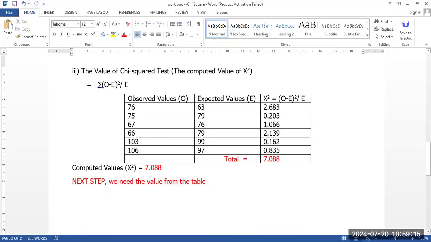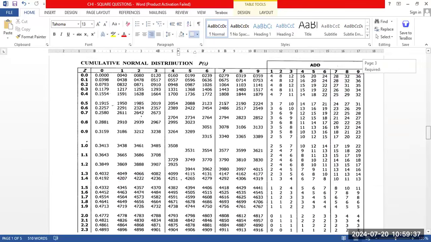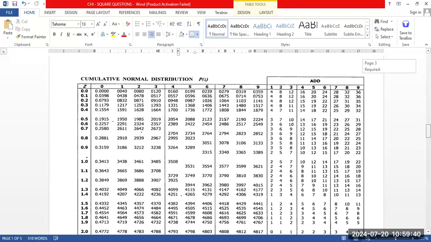To get the value from the table, you will first know your basis. Remember the table we are using is the table for chi-square. In your question, you will always find that you're given tables. The first table shows Z, the cumulative normal distribution, that is the Z table.